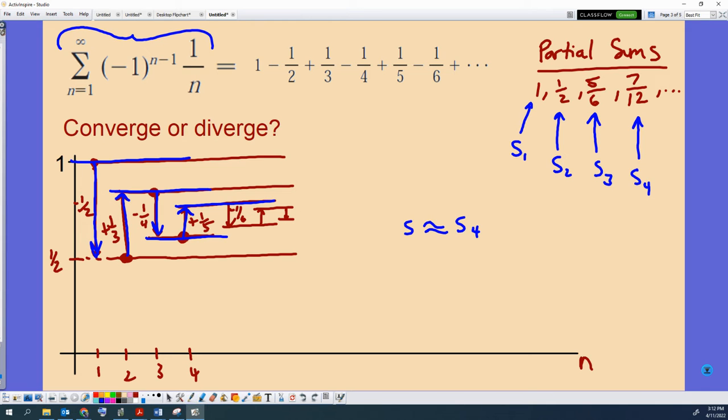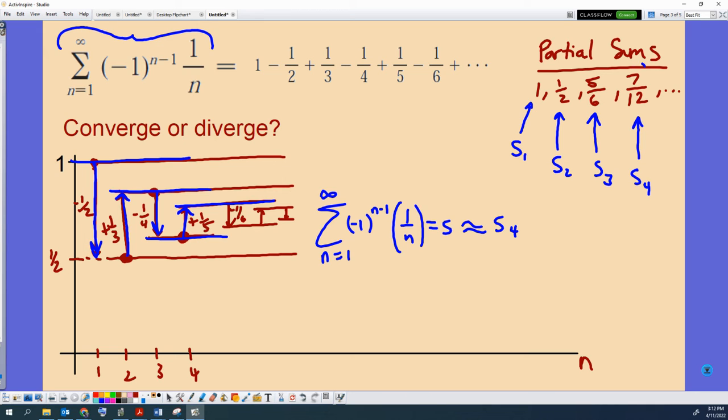So we could write that as the summation from n equals 1 to infinity of -1 to the n minus 1 times 1 over n, is equal to S, which is approximately equal to S4.